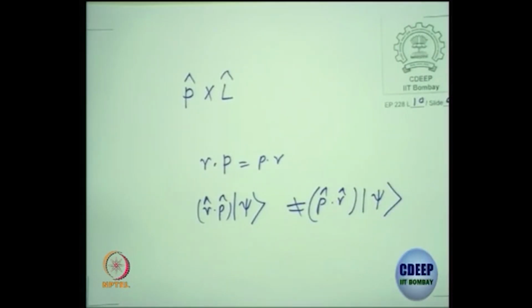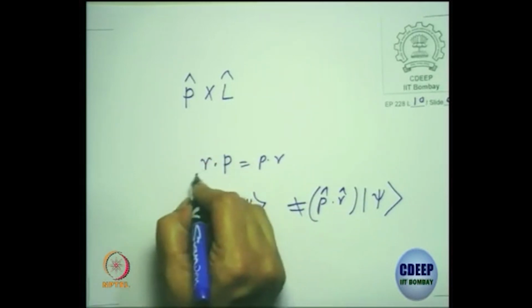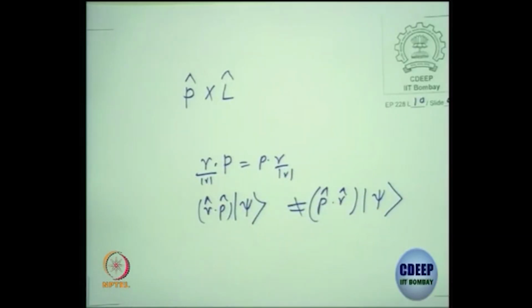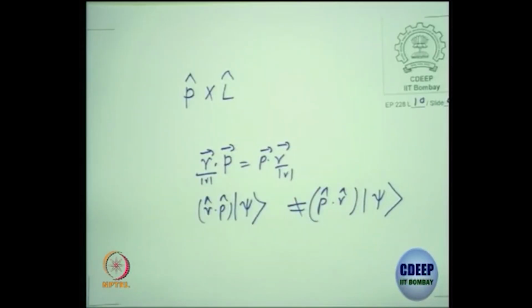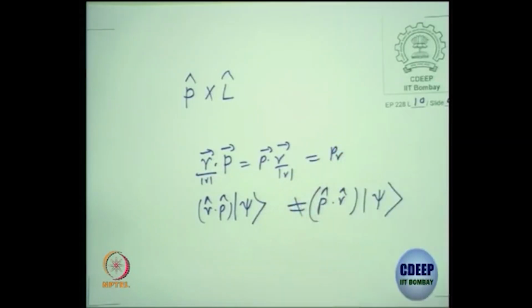What is this called if I have a unit vector, R vector divided by mod R, dotted with P? This is the radial component of your momentum.